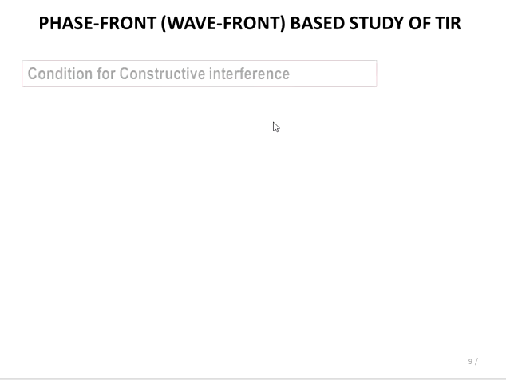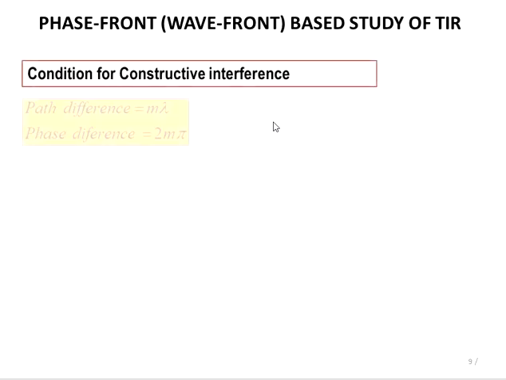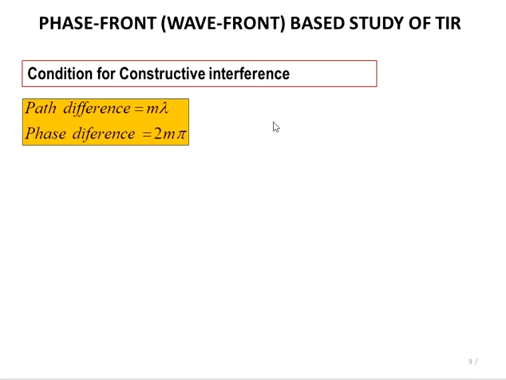So the condition for constructive interference can be expressed as the phase difference should be a multiple of 2 pi, where m can take only integer values. Or we can say there will be constructive interference if the phase difference is an even multiple of pi, that is 0, 2 pi, 4 pi and so on.